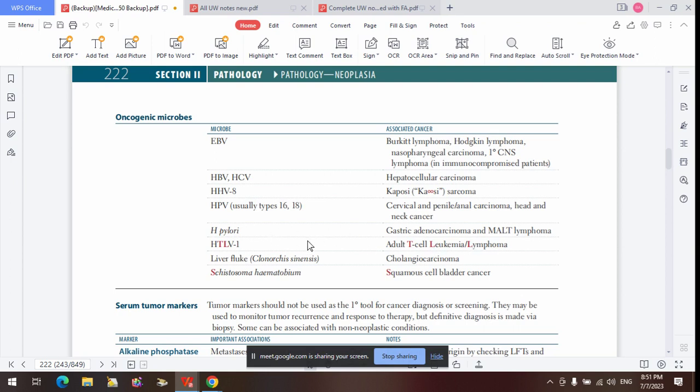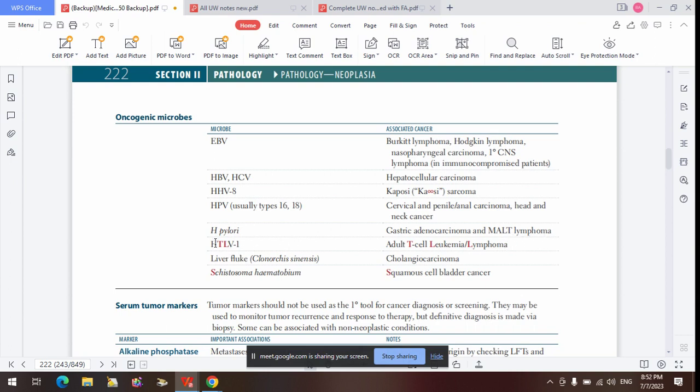Then, because some mucosa in the body contains lymphoid tissue that we call mucosa-associated lymphoid tissue, and Helicobacter pylori and those lymphoid tissues are very abundant in the mucosa of the stomach, the chronic inflammatory damage can trigger lymphoproliferative change of those lymphoid organs within the mucosa of the stomach, causing mucosa-associated lymphoid tissue lymphoma.